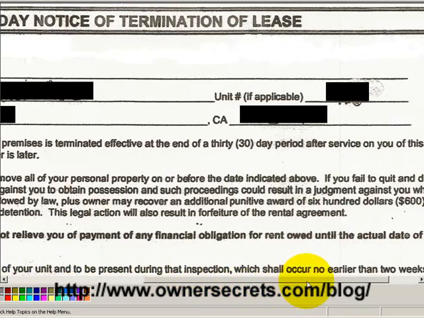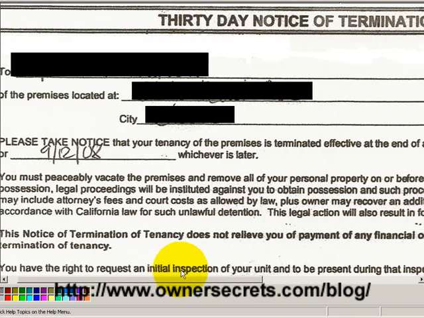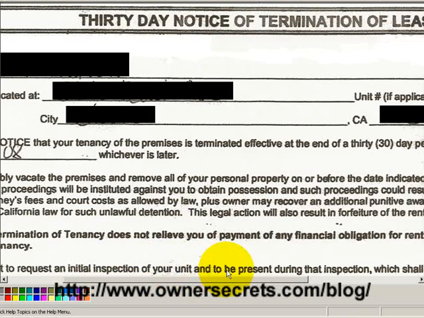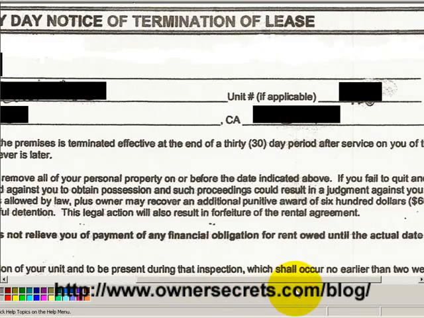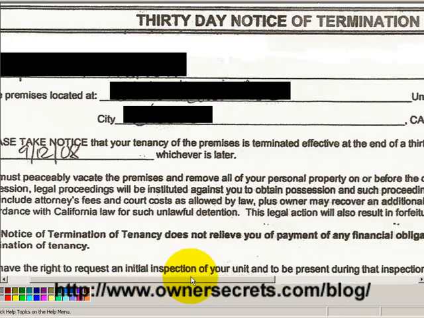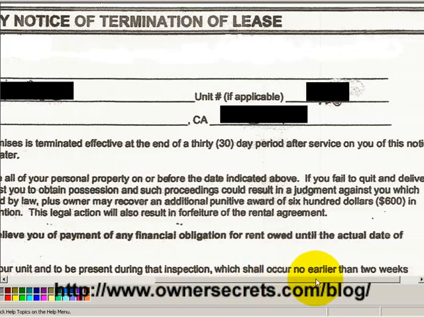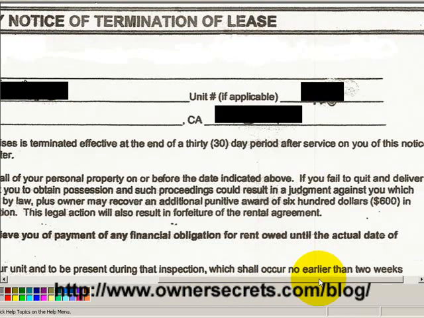If you fail to quit and deliver possession, legal proceedings will be instituted against you to obtain possession, and that's your unlawful detainer form. And such proceedings could result in a judgment against you, which may include attorney's fees and court costs allowed by law, and so on. So this is pretty much the wording that you want to have in this form.